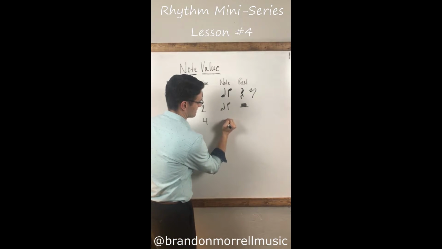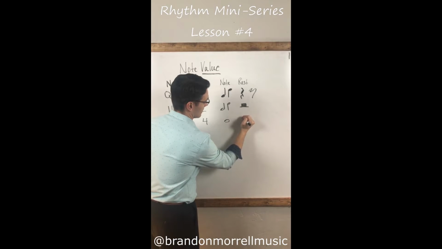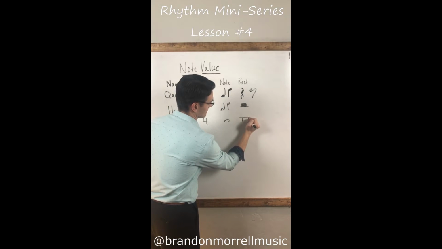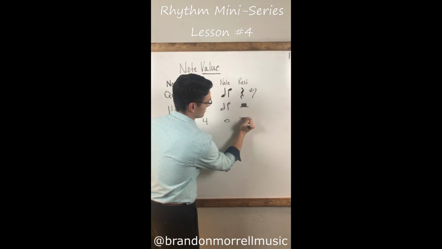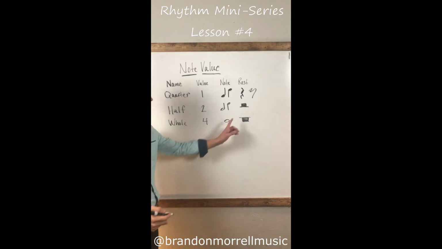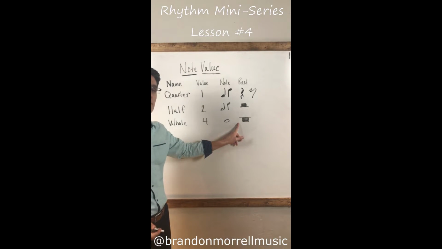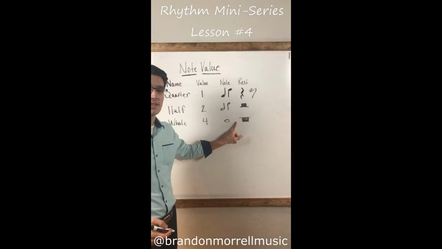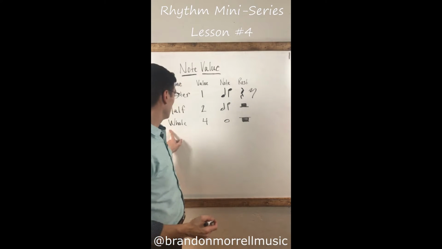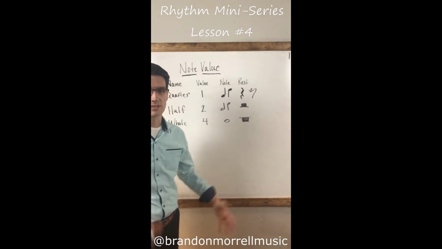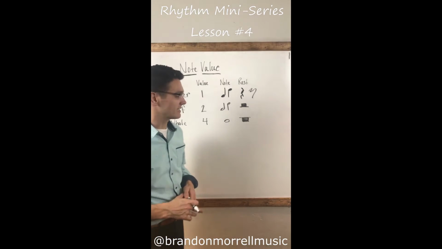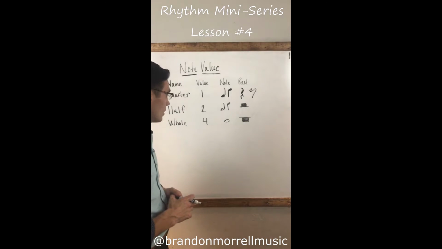It doesn't have a stem, and it looks like this. Very similar to the half rest, but it's upside down. And so I was taught that the whole rest looks like a hole in the ground. So that's an easy mnemonic device, an easy way to remember the whole rest.